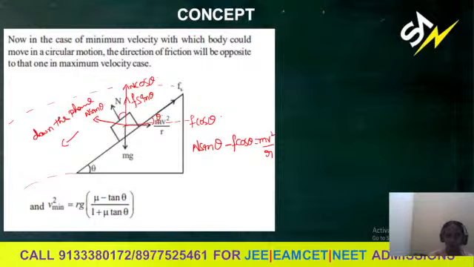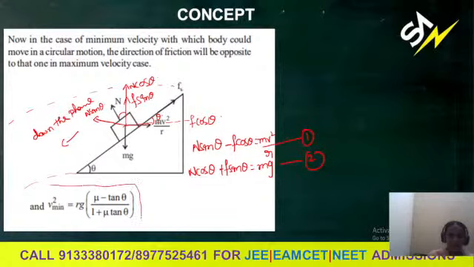Now balancing the vertical forces, N cos theta plus f sin theta is equal to mg. Solving these two equations, we can get the minimum speed when the vehicle has the tendency to move down the plane. It needs to maintain this minimum speed, that is root of Rg into mu minus tan theta by 1 plus mu tan theta.